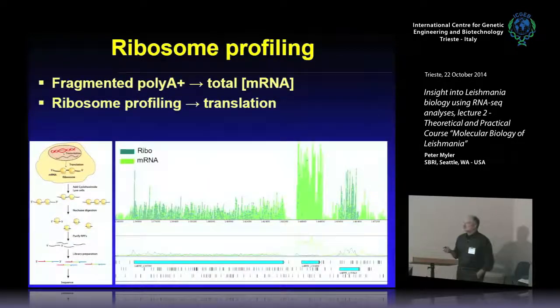Okay, so this is the data that you get. It looks like this in the Artemis viewer. The light green are the reads that come from messenger RNA. For these three genes, this gene here has a very small amount of reads spread out over the entire gene, going a fair way upstream and a little way downstream.